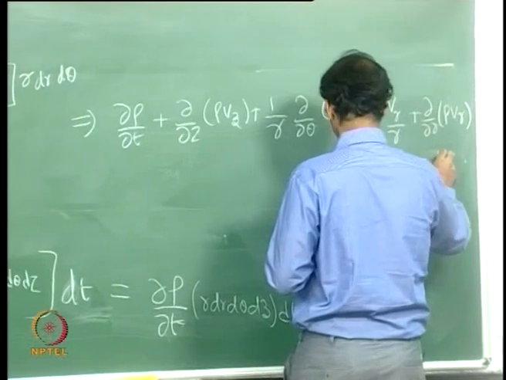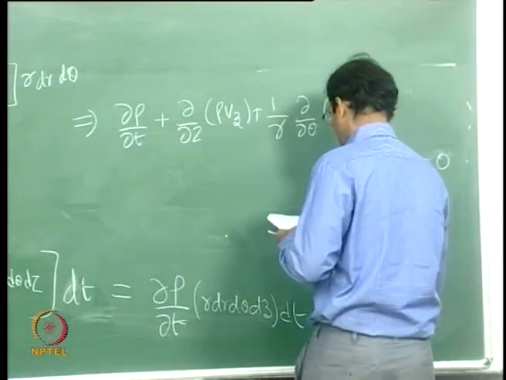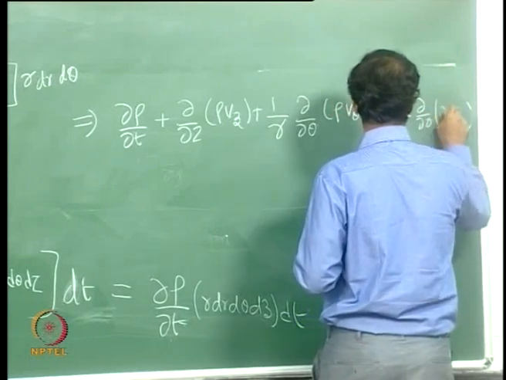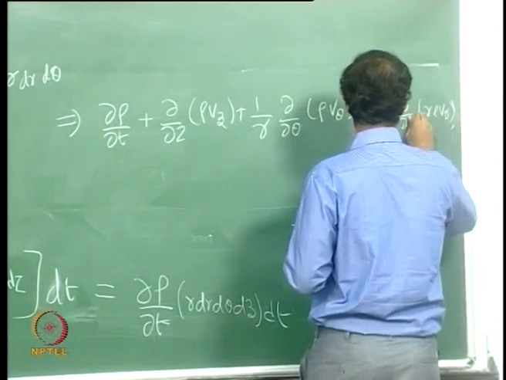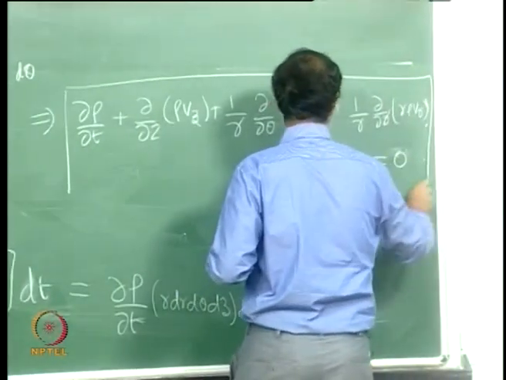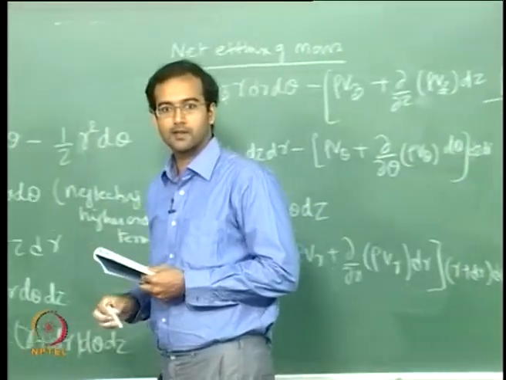This is equal to 0. So we can also write the last two terms together as 1 by r d by dr of r into rho Vr. So this is therefore your generalized continuity equation in cylindrical coordinate system.